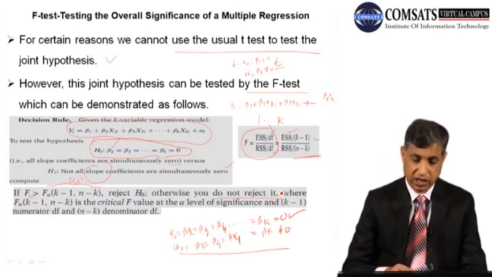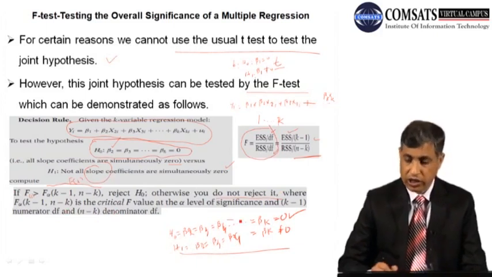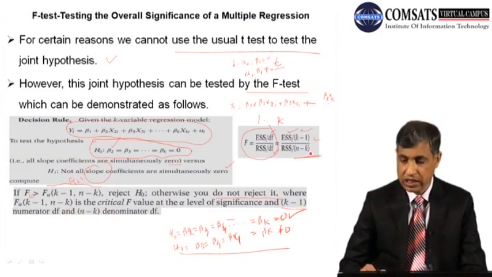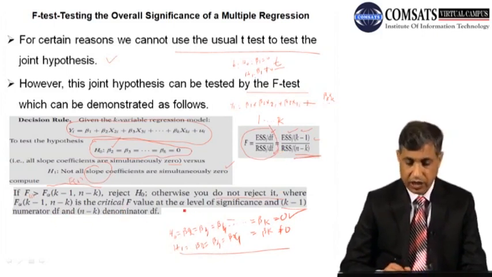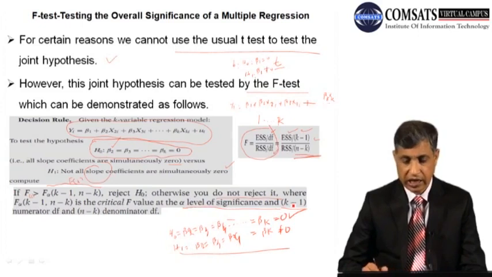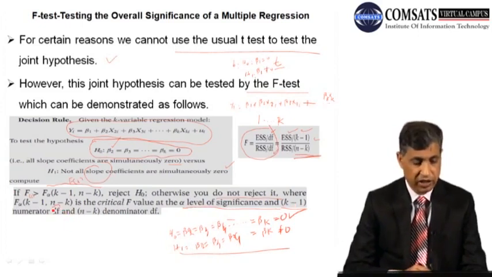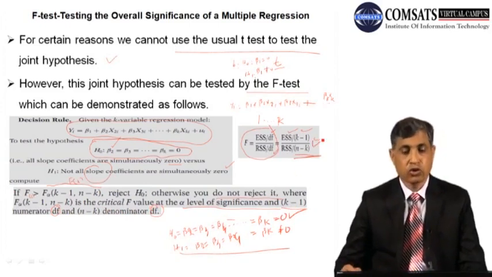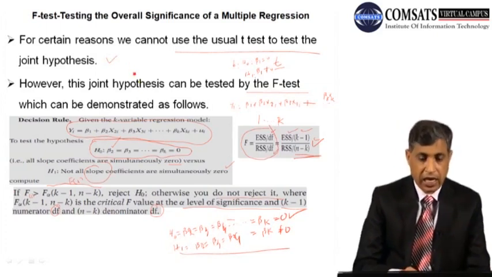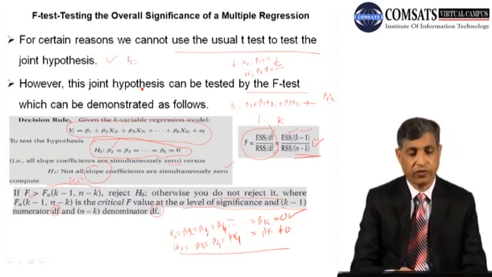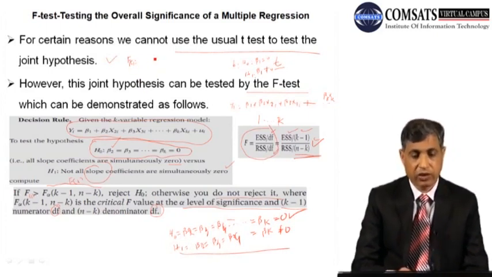So this is the joint test of significance, with k minus 1 and n minus k, at the alpha level of significance, with k minus 1 as the numerator degrees of freedom and n minus k as the degrees of freedom for this one. So I can give an example. For example, after calculating everything, I say the calculated value of the F-test is, for example, 4.70.